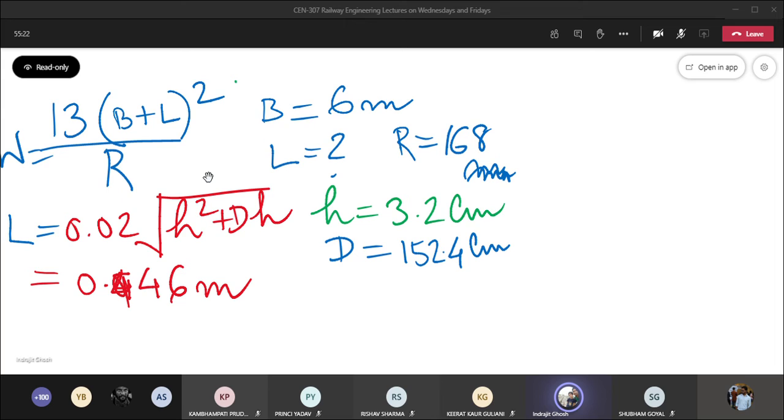Yes, so lap of flange is 0.02 square root, in the bracket it is written meter. So now what is the next step? Put the values in it and then you get the answer.